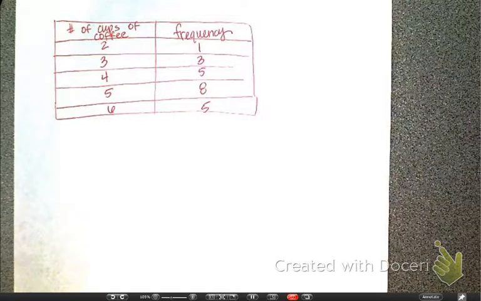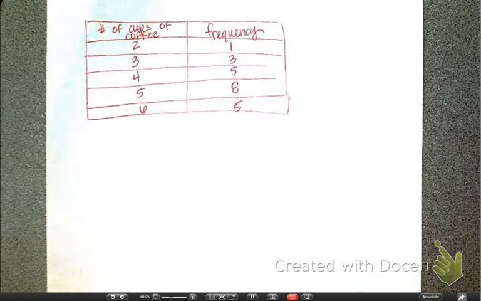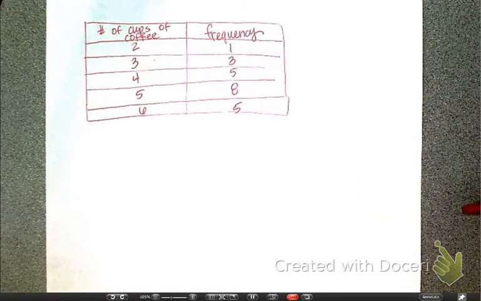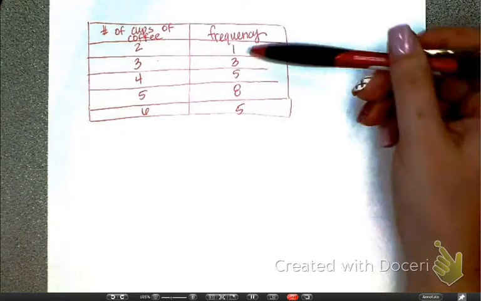So the amount of cups of coffee people drink. So I want you to find the mean, median, mode, and range for this set of data. Okay, can someone explain to me what these 3s mean, like in the context? What does this row mean?